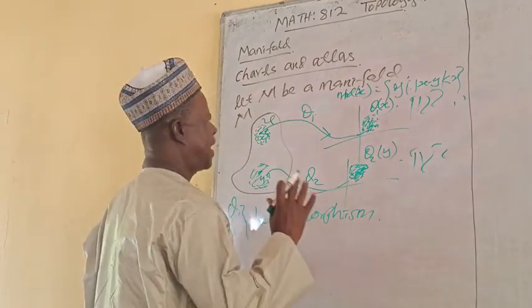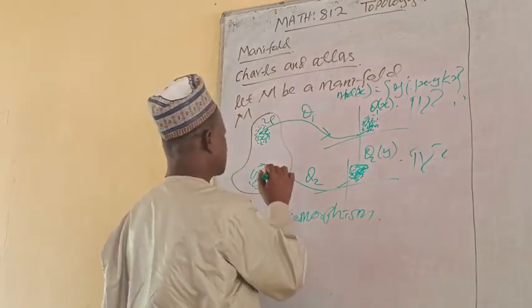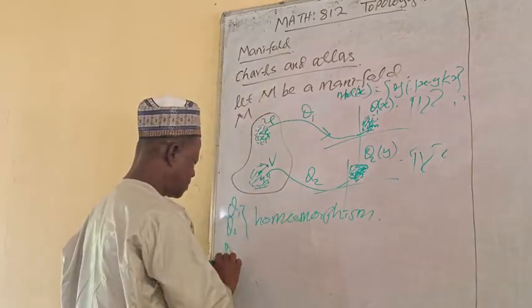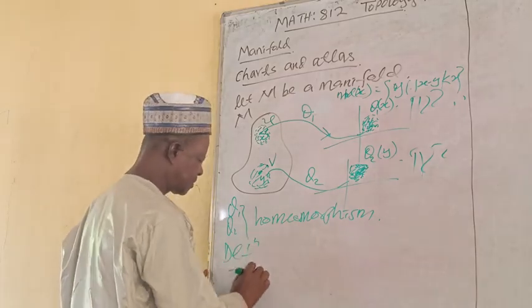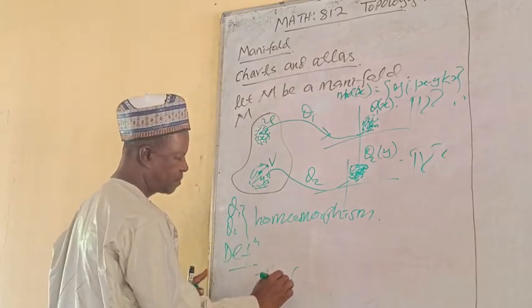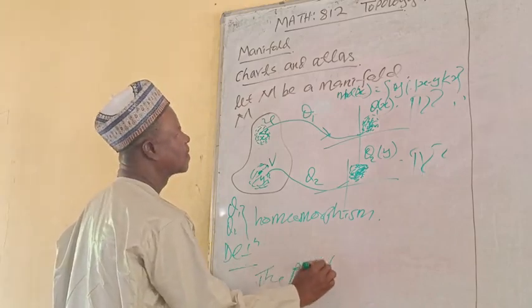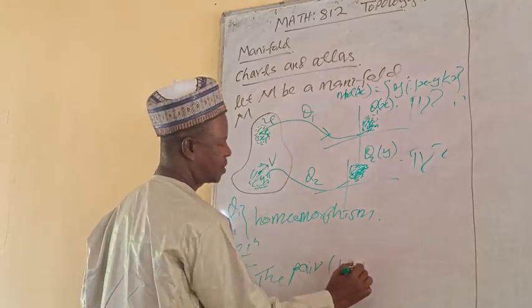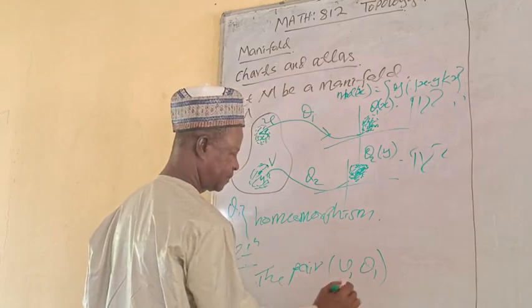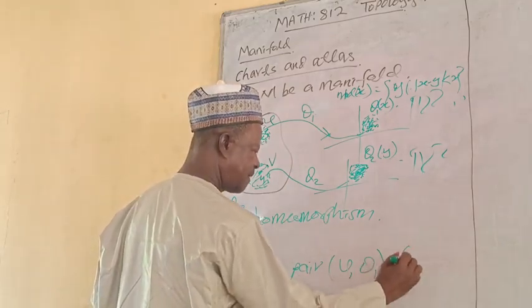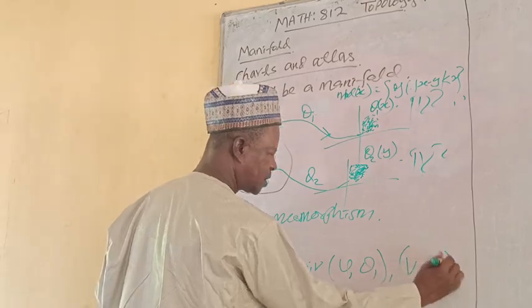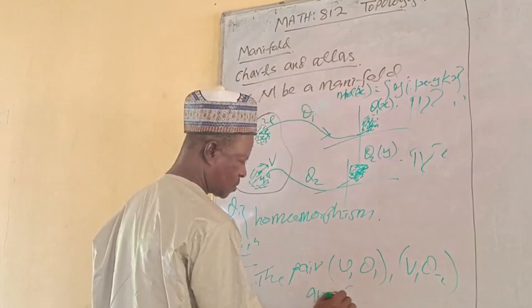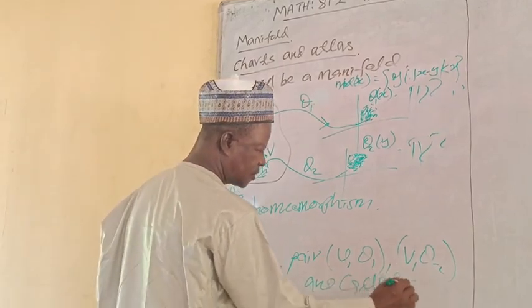Now, let me call this V. Now, the pairs (U, theta 1) and (V, theta 2) are called charts.